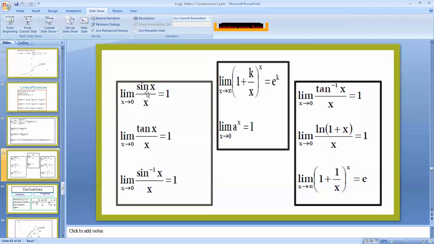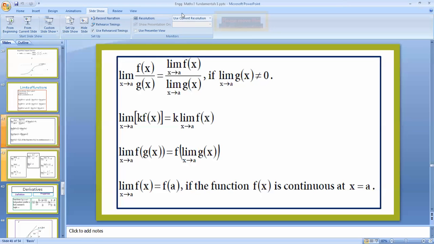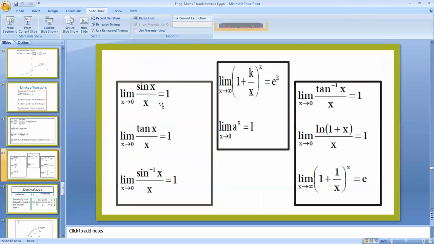Am I right? Then if this value is indeterminate, 0 by 0, will you cancel the 0 from numerator and denominator? Yes, anybody? So what kind of quantity can we cancel from numerator and denominator? What is the basic criterion to cancel terms from numerator and denominator? The term should be non-zero.